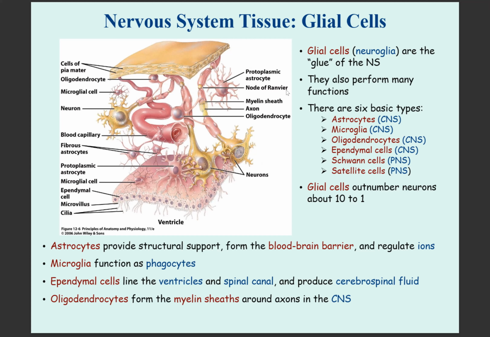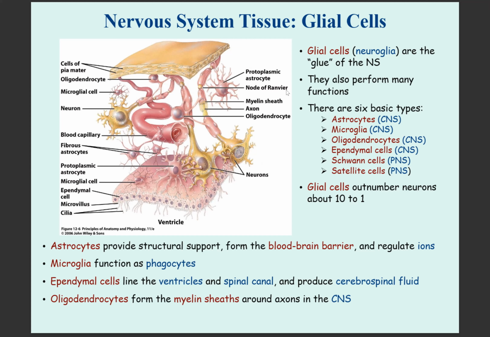So the astrocytes will form the blood-brain barrier, not the choroid plexus, sorry, the blood-brain barrier, where a barrier is formed between the blood coming to the brain and the brain substance itself. That is done by the astrocytes.